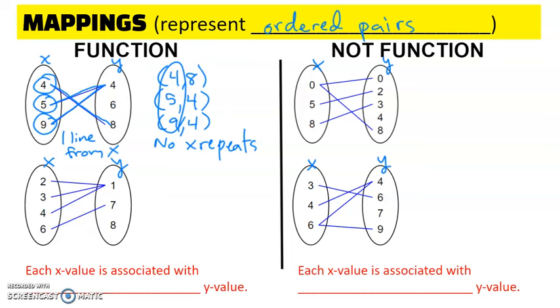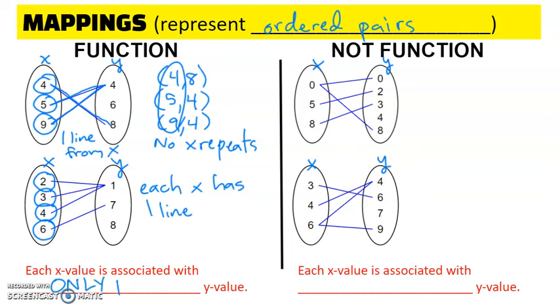So when we look below, 2 has one line, 3 has one line, 4 has one line, 6 has one line. Each x has one line, which means it has one y value, okay? So each x is associated with only one y value.